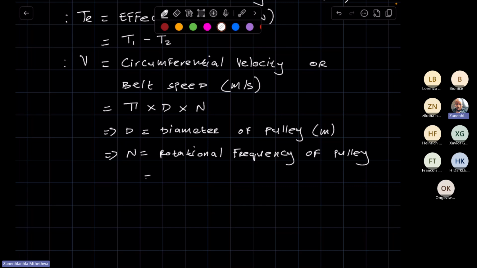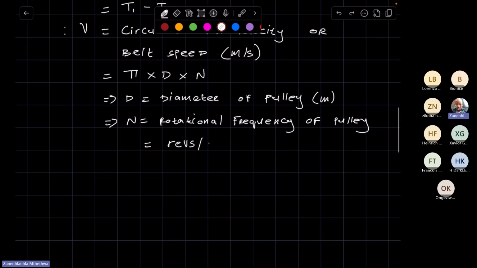Now N is revs per minute or revs per second. In fact, this has to be revs per second, but it can be given as revs per minute.